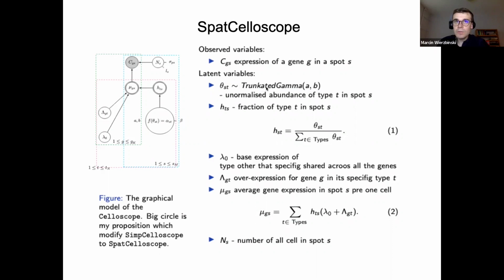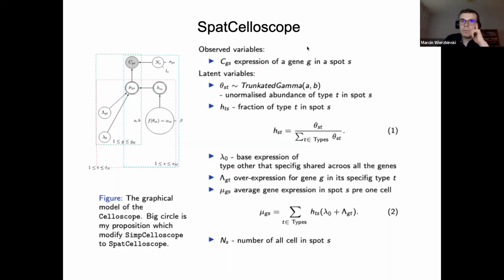It's extremely useful for modeling information from the boundary support of the random variable. And HTS is also the hidden fraction of type T in spot S. And lambda 0, of course, and lambda GT, and so on.